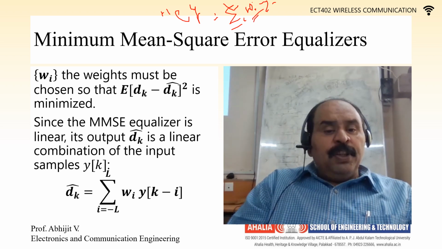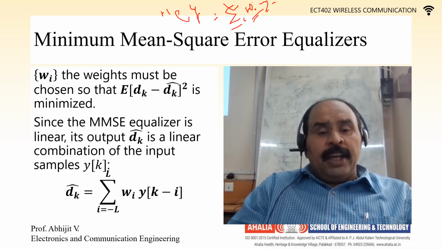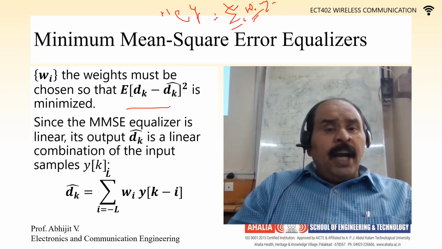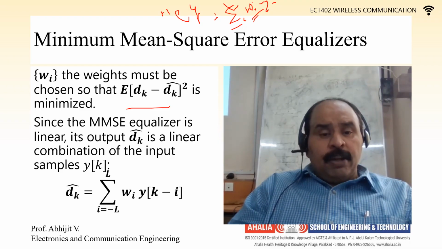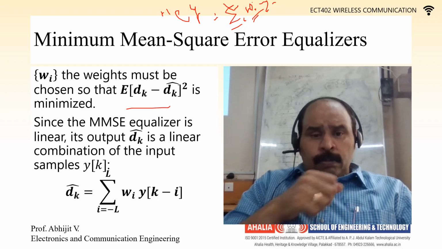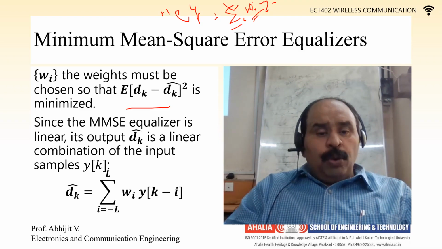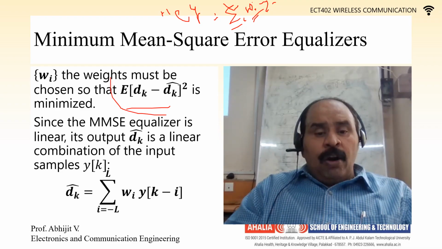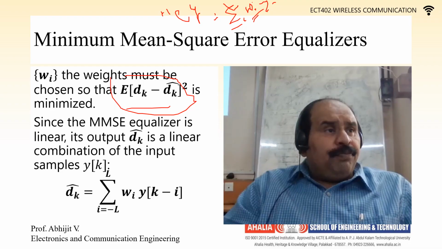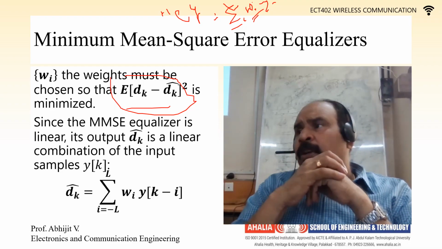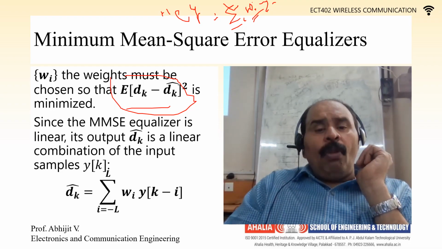Wi must be so chosen that, for a minimum mean square error equalizer, we minimize E of the square of dk minus its estimate dk tilde.